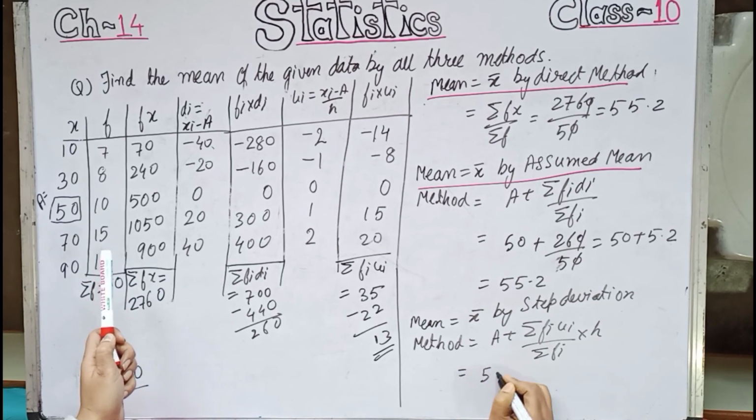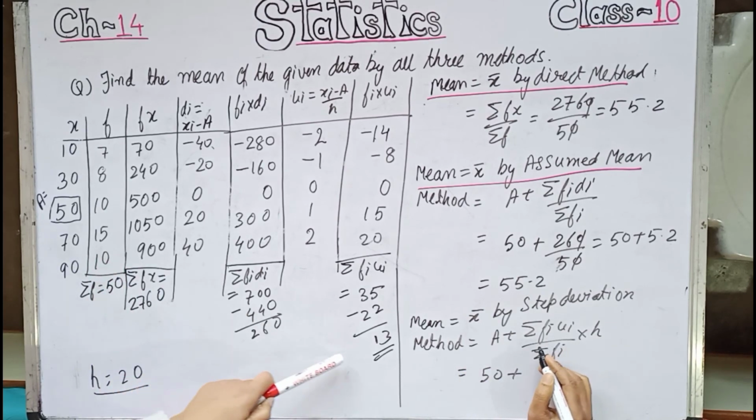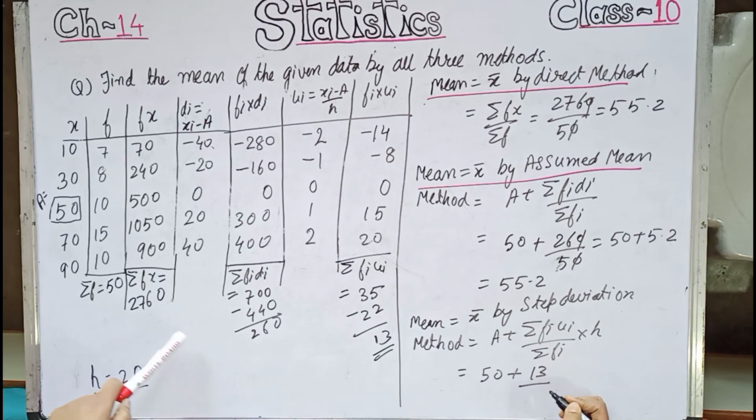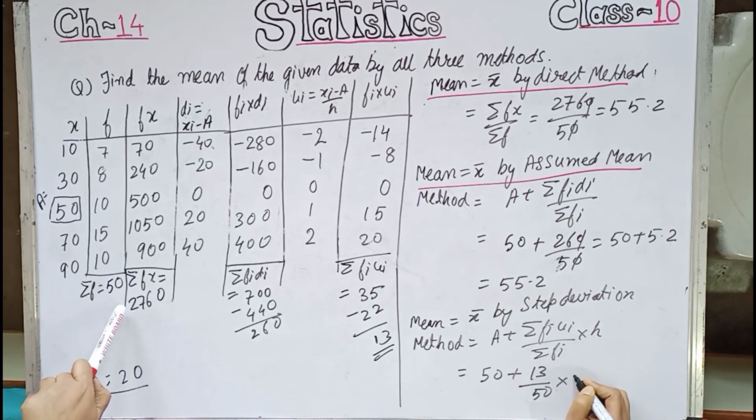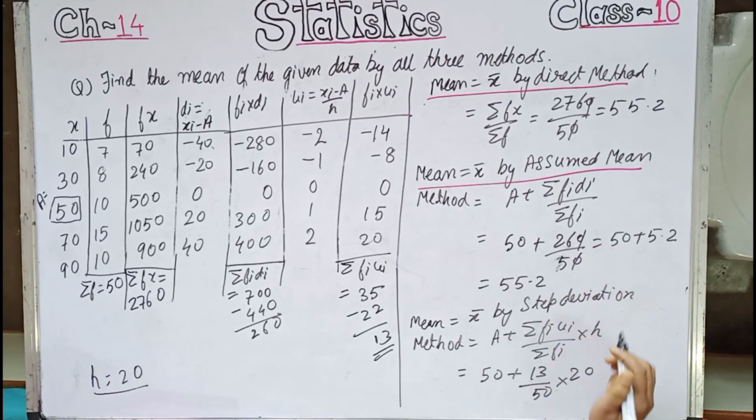A is 50 plus summation fi into ui is 13 by summation fi is 50 into h is 20. So the same thing is coming. So over here 50 plus 5.2 is 55.2.